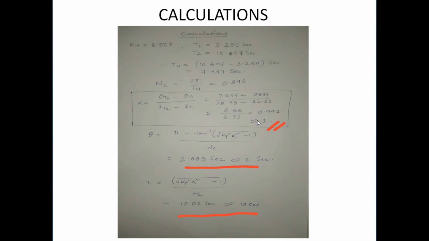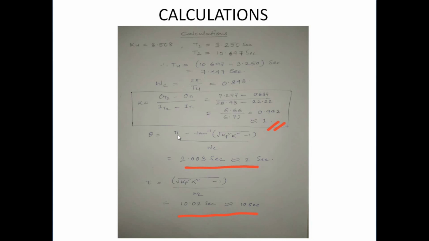Our value for k in the transfer function, whatever first order system we have taken, it was 1 into e raised to minus 2s upon 10s plus 1. That means 1 is our k. So here the value we have got is this. So this is approximately equal to 1, and then we have to find out theta.